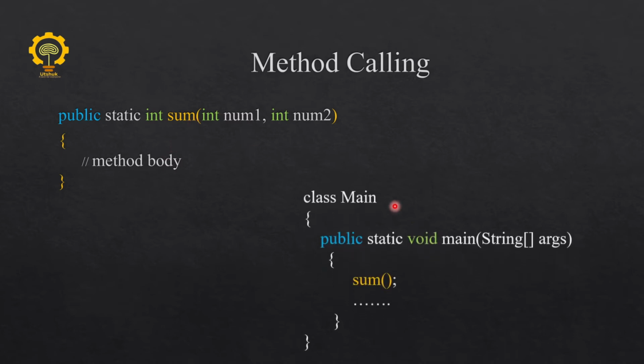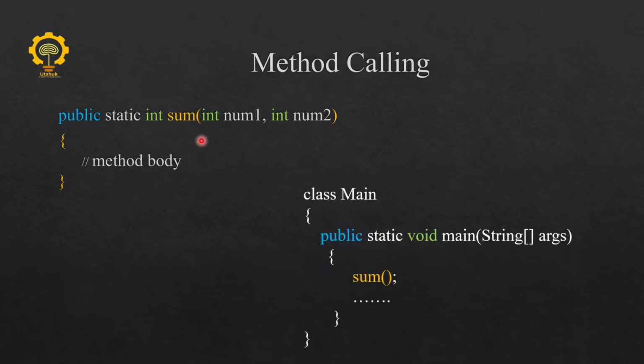Inside the main method, we can call this method simply using the method name, sum. Whenever we call this method, it points to the method body and executes the block of statements inside it, and after executing the body of the method, it simply returns to the remaining code of the main method.